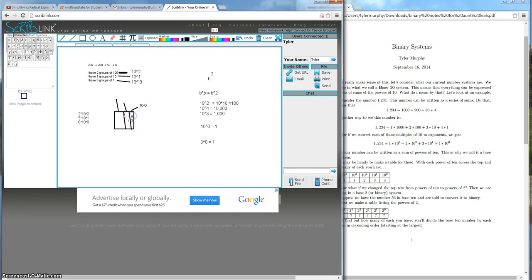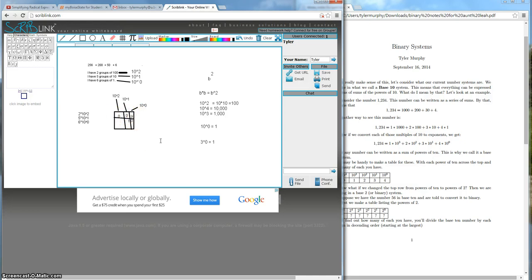If I only have 9, then I have 9 ones. But if I add 1 to it, then I go back to 0. I have 0 ones in my ones place, but I have 1 in my tens place. This is the 10 to the first column, and this is the 10 to the second column.